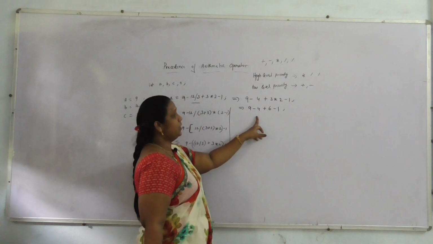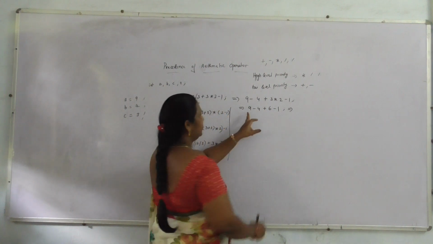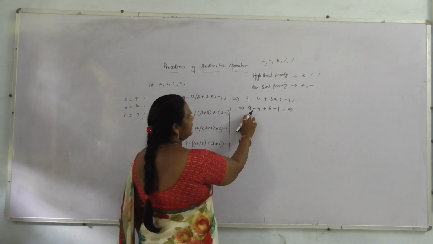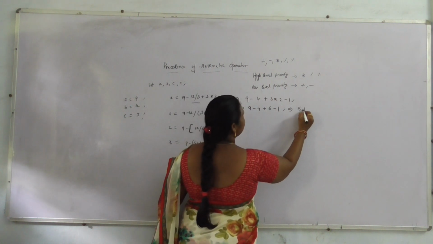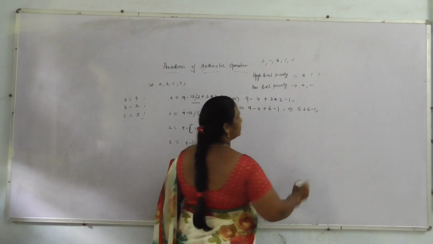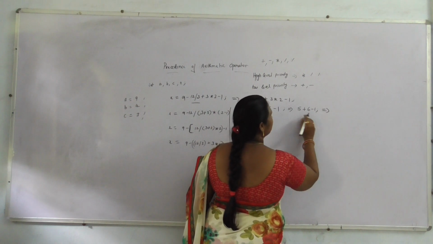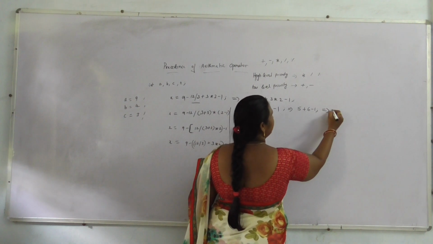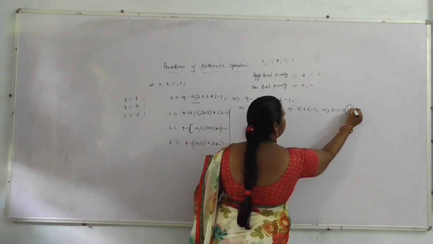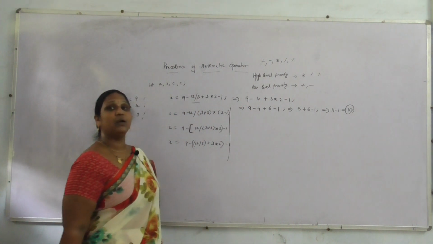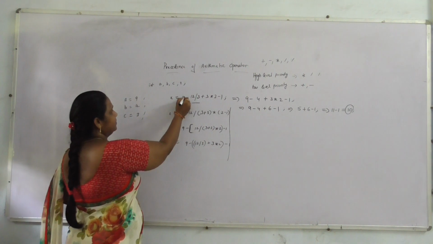Again, left to right: 9 minus 4 means 5, plus 6 minus 1. 5 plus 6 is 11, minus 1 equals 10. This is the answer. The system will give the answer 10 for this type of expression.